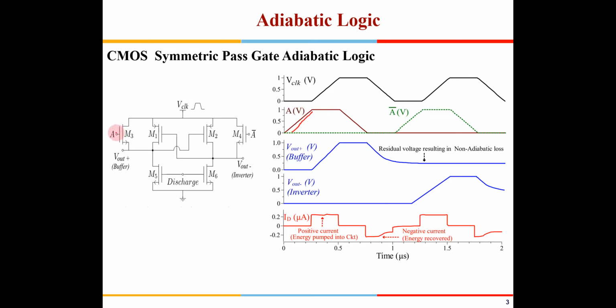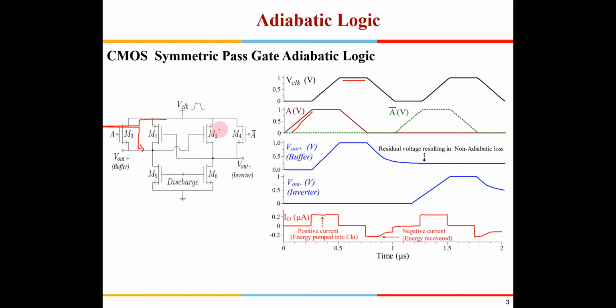So this A has gone high out here. When the clock is going high out here, since this is an NMOS transistor, this is not a PMOS, right? So A is high. So when the clock is going high, this node will try to charge from here to here, right? So this node will get charged from here to here.